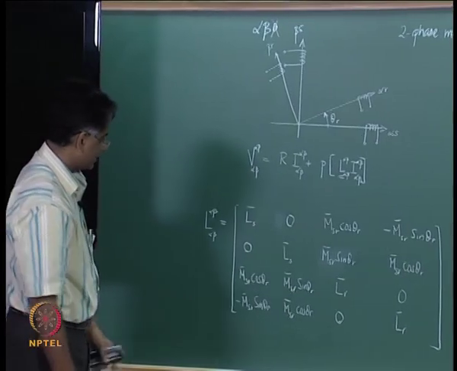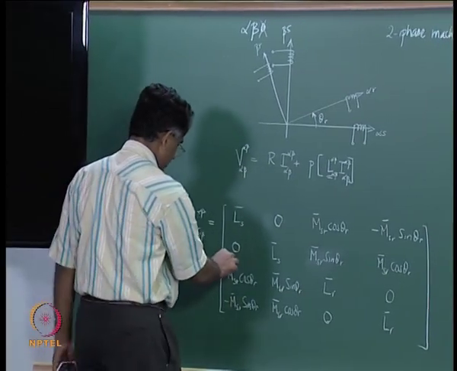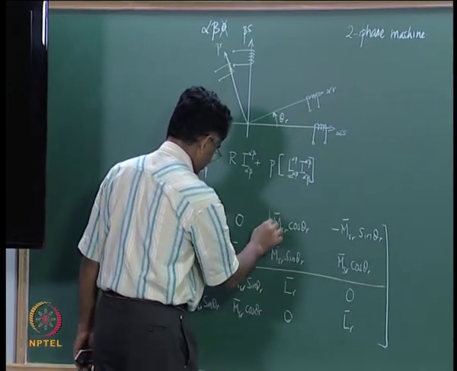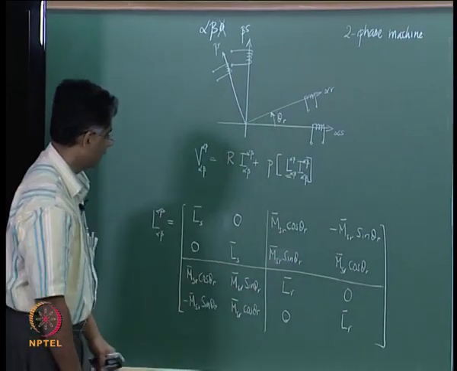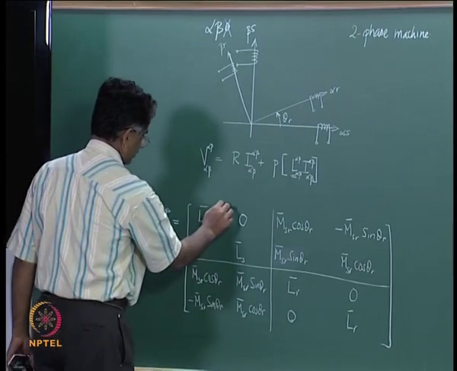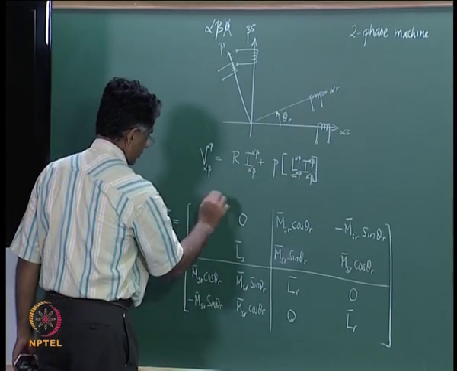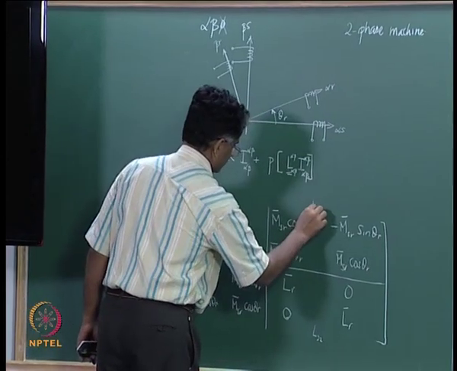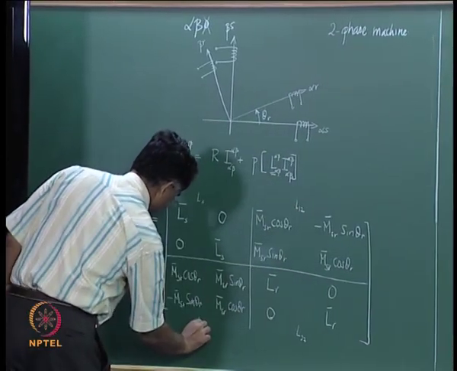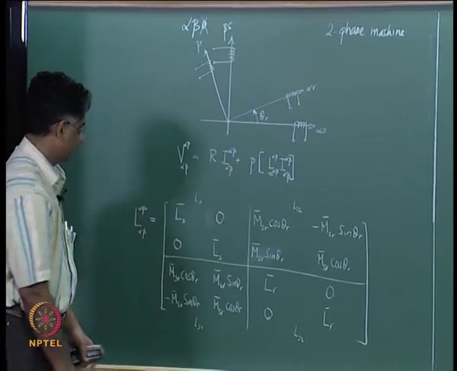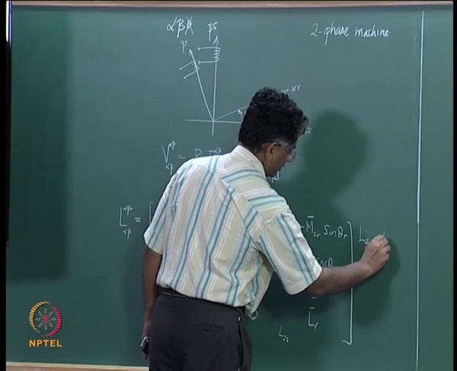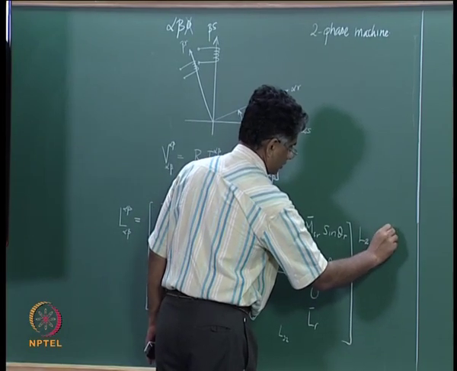Now we can see that this inductance matrix can be conveniently divided into 4 sub matrices. So this matrix we can call as L11, this sub matrix L22, this is then L12 and L21. Obviously we can see that L21 is equal to L12 transpose.